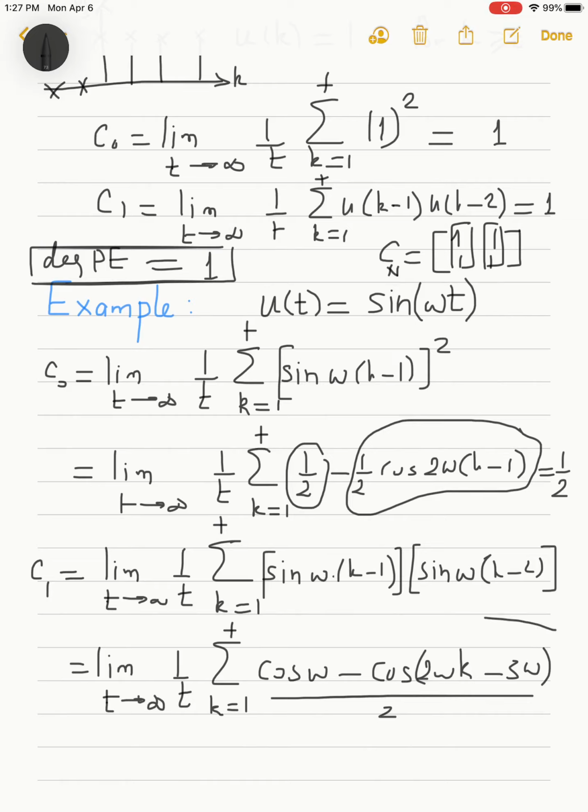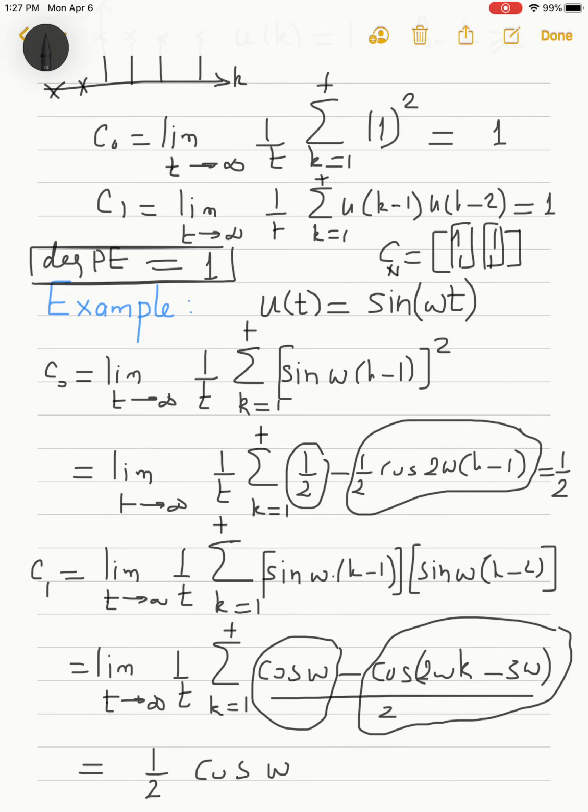Once again, the summation of the cosine of this angle will be equal to 0, and the cosine omega term is not dependent on k, so it will remain as a constant. So I will have cosine omega over 2 outside the summation, and the summation from 1 to t will give me t, and t will cancel out with 1 over t. So the net result would be just 1/2 cosine omega.